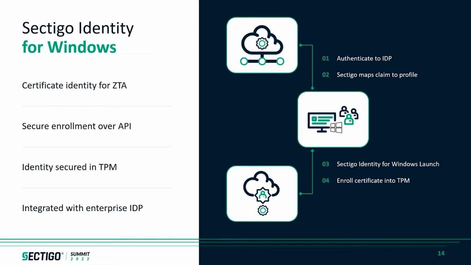But Windows continues to be the dominant platform for enterprise work and the clear leader for targeted attacks. No zero trust architecture is complete without addressing the need to onboard and manage Windows machines and users. We've had many customers reach out to us to help them address user identity security needs for both domain joined and domainless machines. And while the easy answer is usually to just join every machine to your domain, sometimes that's just not possible.